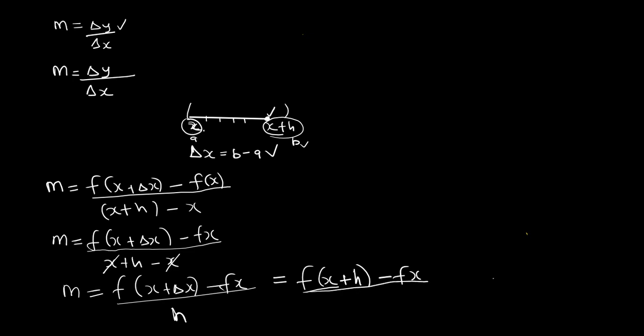So the differentiation of a function at any point, as the change in x approaches 0 or any other number, we'll say f prime of x is equal to the limit as h approaches 0 of the function, the same function we have here, f of x plus h minus f of x, over the change in x.